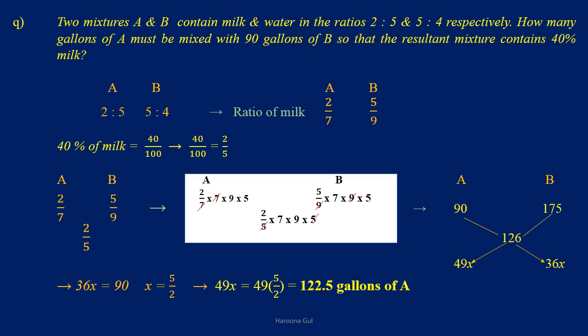Now we need to find the number of gallons of A, and for that we already have the ratio of A, that is 49x. So 49x would be equal to 49 into 5/2, that is the value of x, and our answer is going to be 122.5 gallons of A, right?